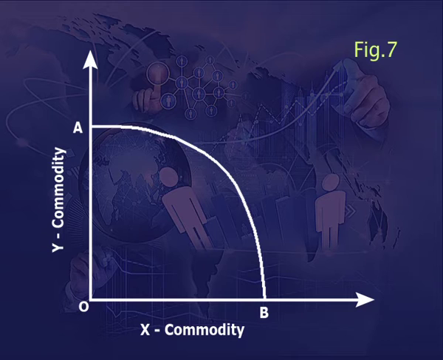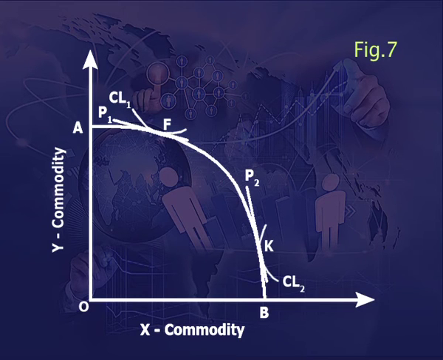Suppose there are two countries, country A and country B, with a common production possibility curve AB. In the pre-trade situation, different demand conditions relating to commodities X and Y have different relative price ratios, as shown by P1 in country A and P2 in country B. The consumption and production point of A is F, where its CL1 curve is tangent to the production possibility curve.